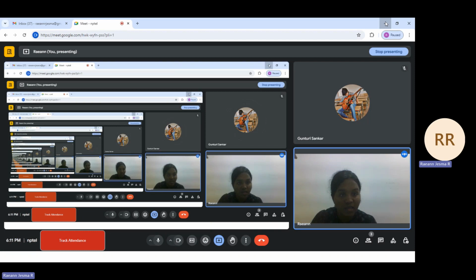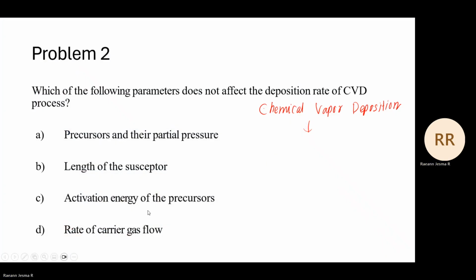You can just guess. What do you think the answer is? You're thinking it is rate of carrier gas flow, right? Okay, it's fine. So here it is asked which of the following does not affect.